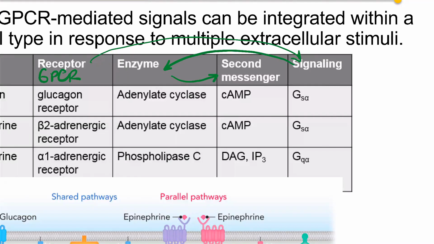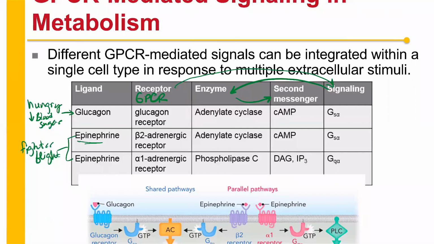And so if you're glucagon, right, you're going to activate the G alpha stimulating G protein. And so you're going to result in adenylate cyclase activation. Well, guess what? If you're epinephrine, even though you're going to go through a different receptor, you're still going to activate a G stimulatory subunit.